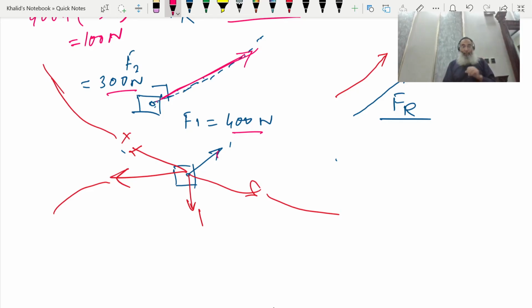You are getting it. And now, here is the resultant force. What were the two components? If I go back, if I recall, the two components were at a right angle with each other.